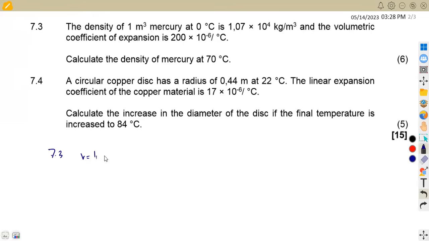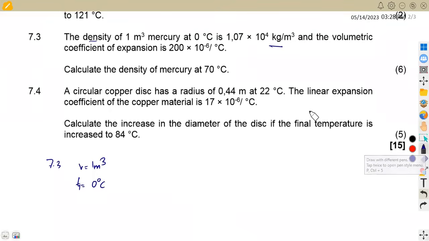We've got a volume of 1 cubic meter at the initial temperature of 0 degrees Celsius, and the density under these conditions is 1.07 times 10 to the exponent of 4 in kgs per cubic meter.